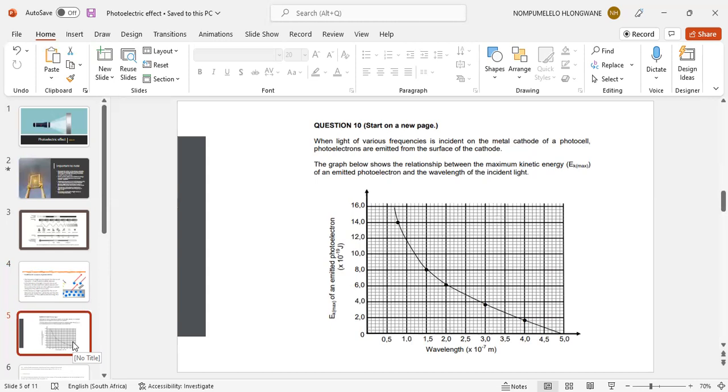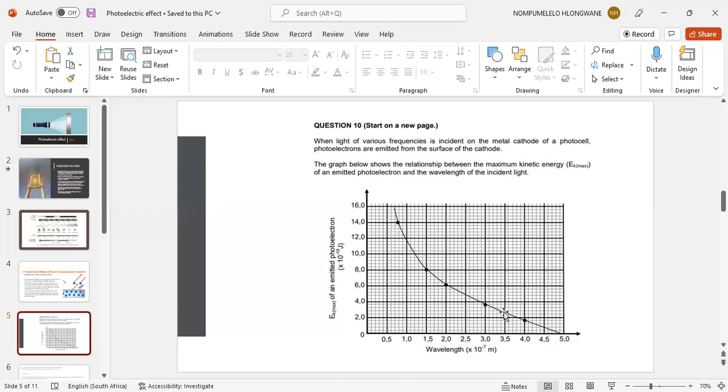The graph below shows the relationship between the maximum kinetic energy of the emitted photoelectron and the wavelength of the incident light. So you can study the graph. You can see my graph is decreasing.